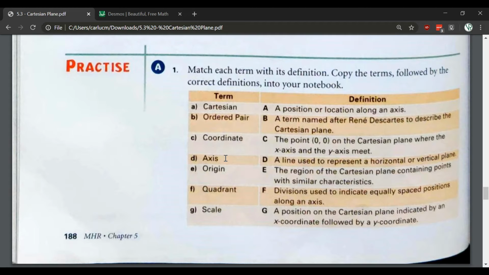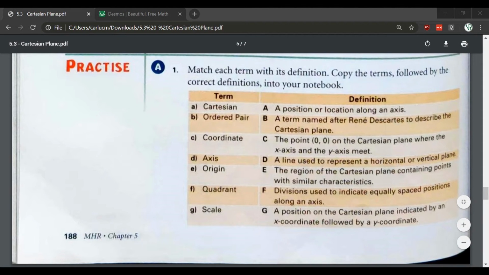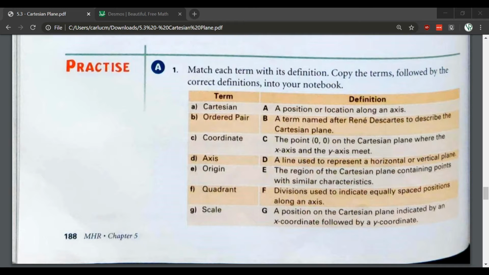So the axes are that main 0, x, and y, where we start at 0, 0 with our numbering. And then the origin is the center of the grid.